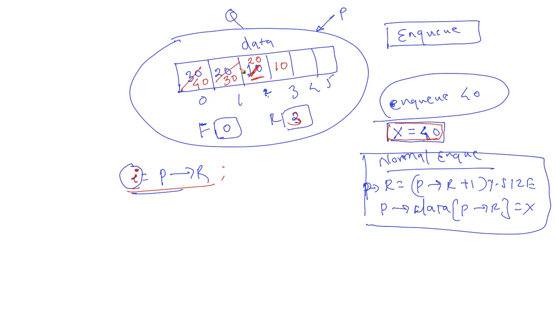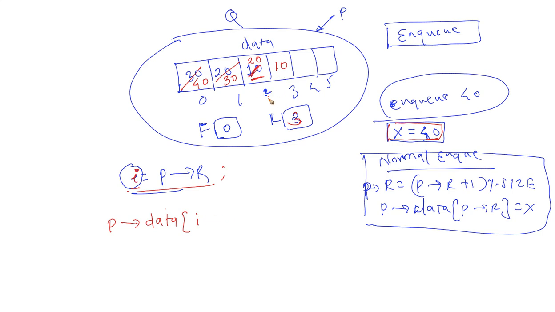I am shifting these elements towards the right as long as x is greater than these elements. That means I am saying that p arrow data of I plus 1, right?